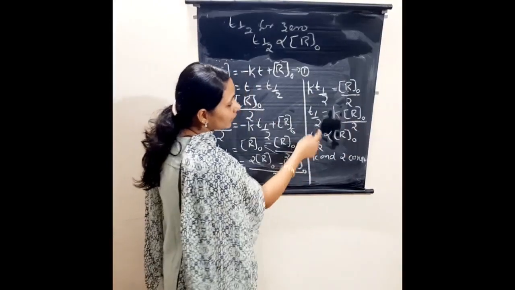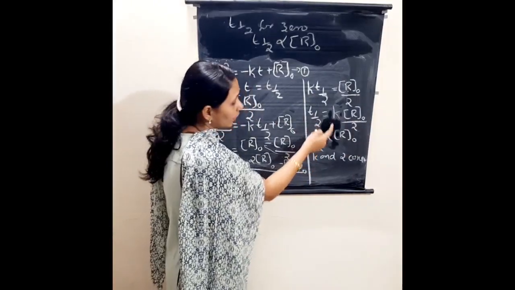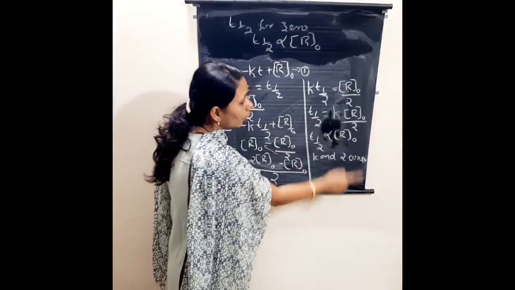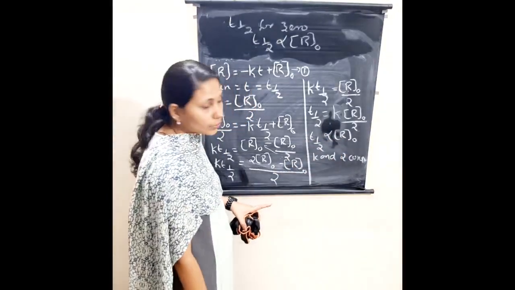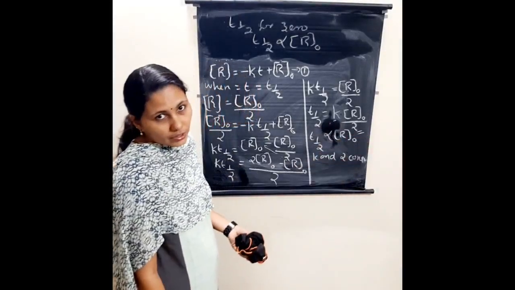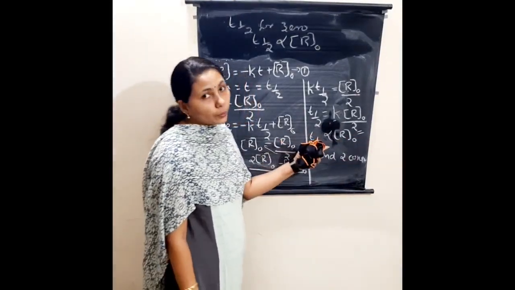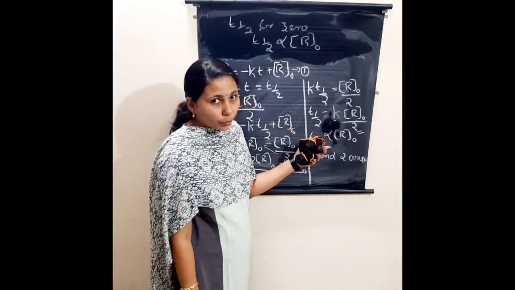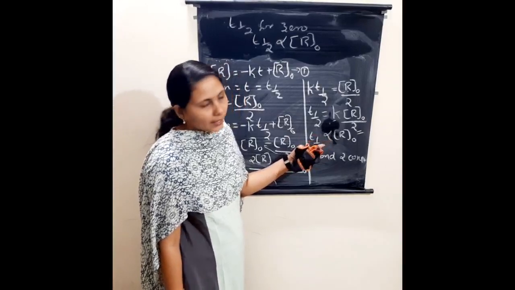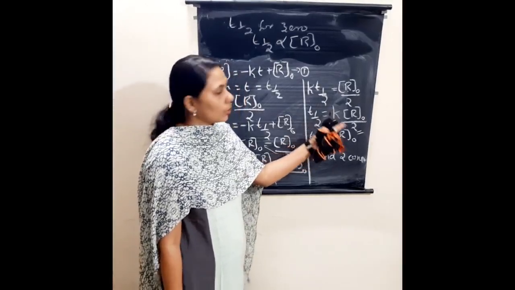So that means this is a constant, right? Can I write here T half is proportional to R0? T half is proportional to R0 because K and 2 are constants. Usually, to remove the proportionality sign we use some constant. Here I removed the constant and wrote the proportionality sign.